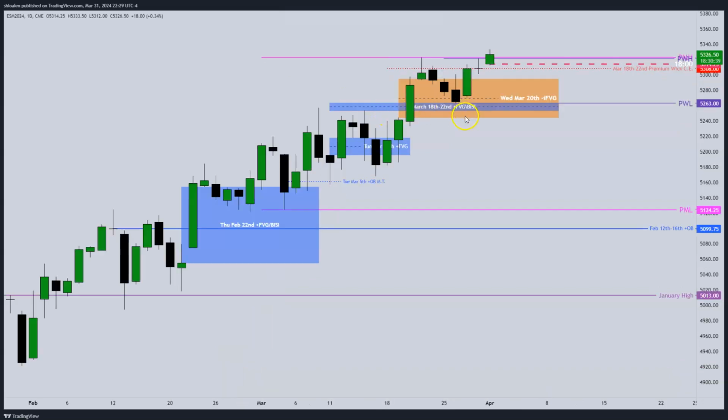On the daily chart, a lot of things here. Obviously that weekly buy side imbalance, sell side inefficiency transposed down to the daily chart lines up in confluence with this daily Wednesday, March 20th inversion fair value gap, which I have labeled as inversion, but it is yet to do so.